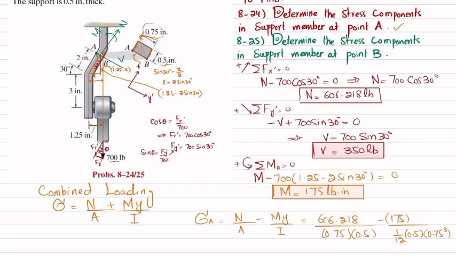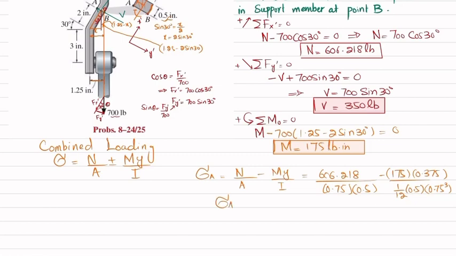And what will be the y? If we take this as the neutral axis, y will be equal to the distance from the neutral axis to point A, which is equal to 0.75 divided by 2, and that is equal to 0.375. So when you solve this, you will get the bending normal stress at point A comes out to be minus 2.12 ksi.